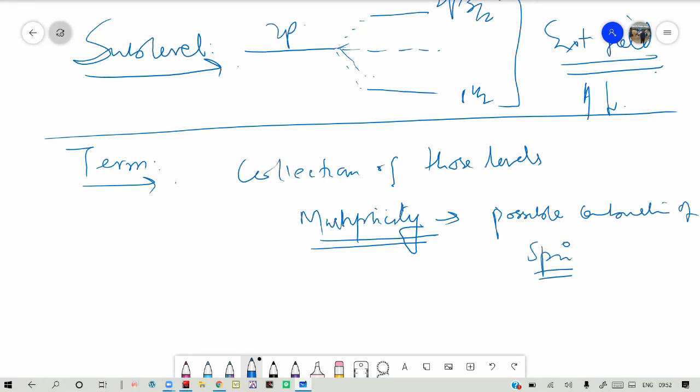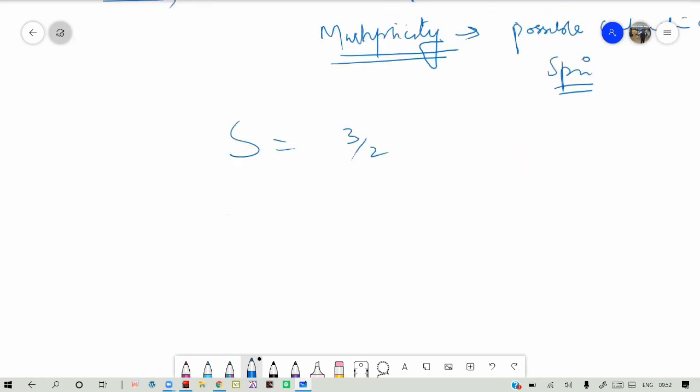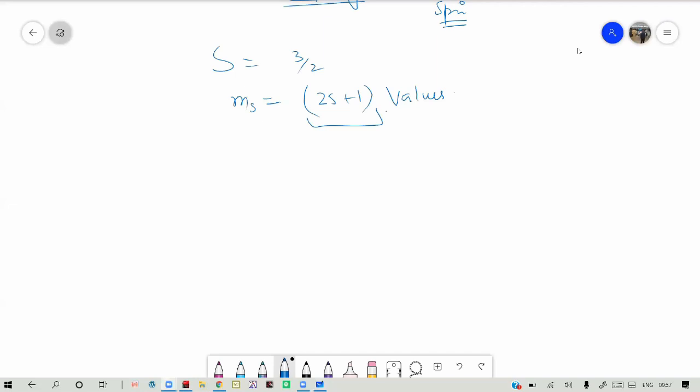For example, if your S is 3/2, then what will your MS be? It will be 2S plus 1 values. So multiplicity is actually the possible combinations of this S corresponding to a particular spin moment.